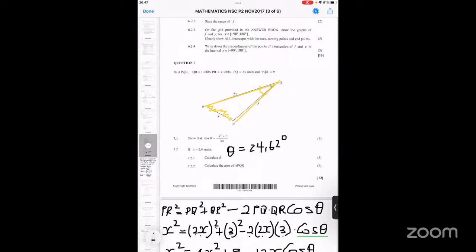24.62 degrees. Okay. Maybe let me check Serene. Serene, were you able to work it out? And what is your theta? I made a mistake. Made a mistake.